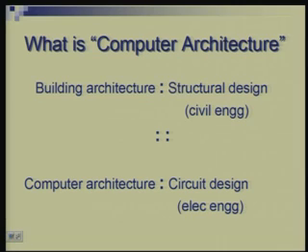So, the relationship you see between what an architect does for a building and what a civil engineer does for building is somewhat similar to what a computer architect does for a computer and what a logic designer or a circuit designer does. Okay.